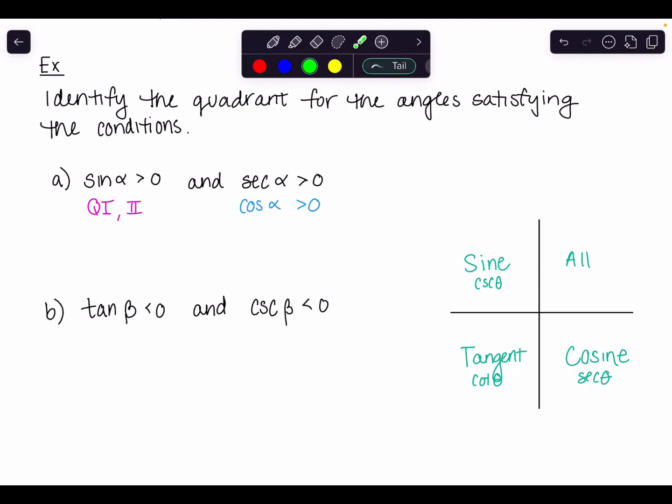Well, that's going to happen in quadrant 1 and quadrant 3. So if I want both of these to be true, I'm looking at the overlap, and that is only quadrant 1. So the only way this can be satisfied is if our angle lies in quadrant 1.